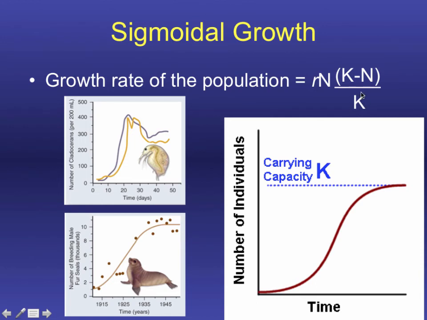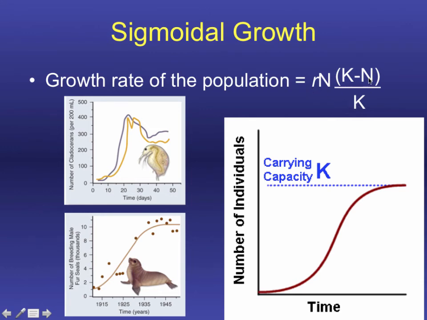Okay, so if you think about what this term actually means, if the carrying capacity is really high, and the population size is really low, then basically what we're going to have here is K divided by K. Right, so if this cancels out, if N is always close to 0, and this K is canceled by that K, then you can kind of omit this entire term here, and what we're left with is exponential growth rate. Population size is low, we're going to see exponential growth for a while.